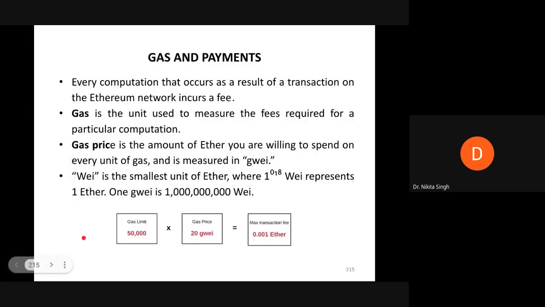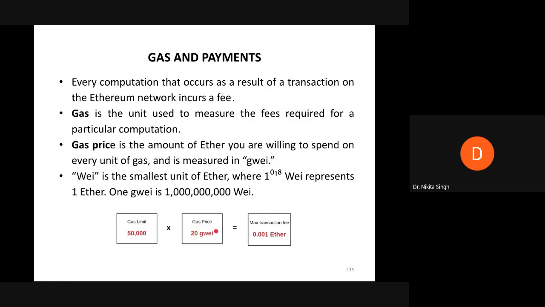Whenever you want to execute a transaction, the network states that the gas limit should never be less than 21,000. If it is less than 21,000, your transaction will automatically get rejected. Then we have the gas price.